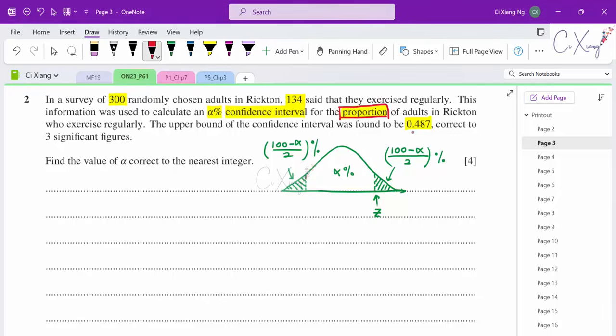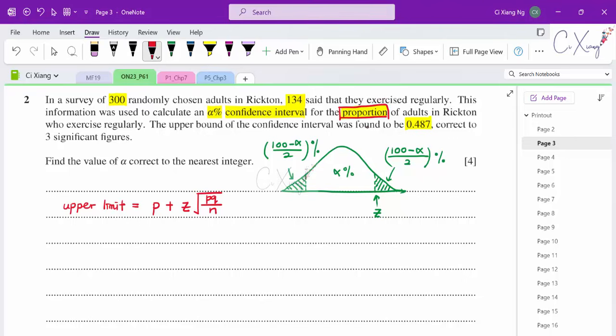Therefore, the formula is: the upper limit of the confidence interval equals p plus z times the square root of pq over n. That's the formula for the upper limit of a confidence interval for proportion.